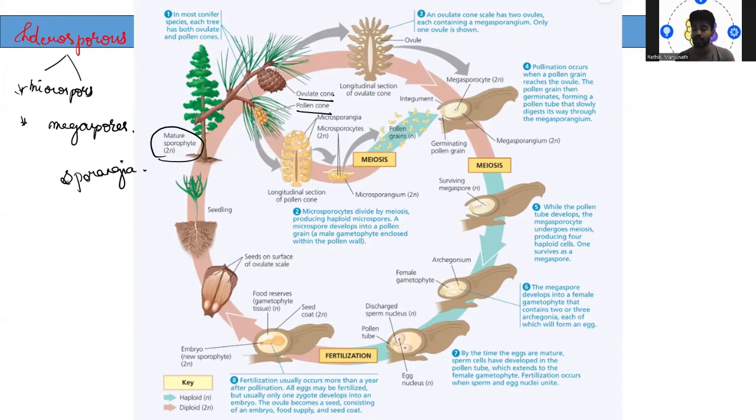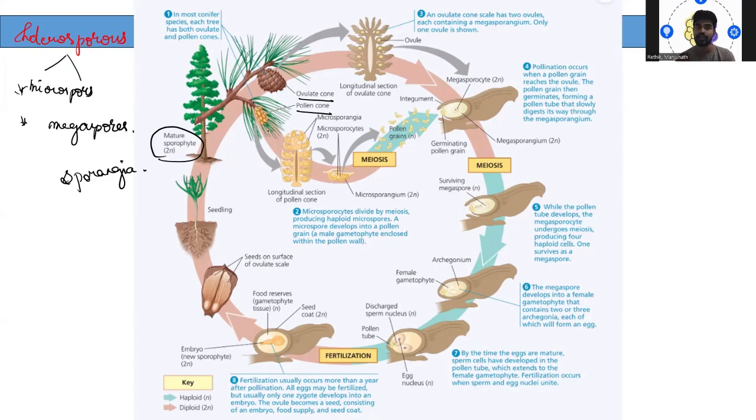So there are going to be two things: one is the microsporophyll, as well as the other, the megasporophyll. They are going to bear two types of sporangia: the microsporangia and the megasporangia. The microsporangia will be the male and the megasporangium will be what?